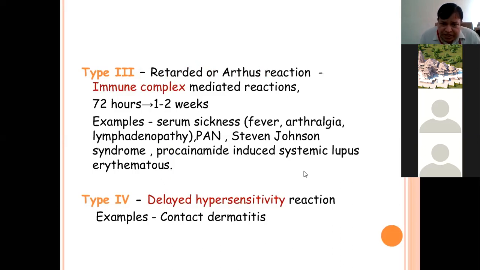Examples are serum sickness, Stevens-Johnson syndrome, and PAN. Another example is procainamide-induced systemic lupus erythematosus, that I told you earlier, SLE. And type 4 is the delayed hypersensitivity reaction, that is contact dermatitis. These are the allergic reactions.